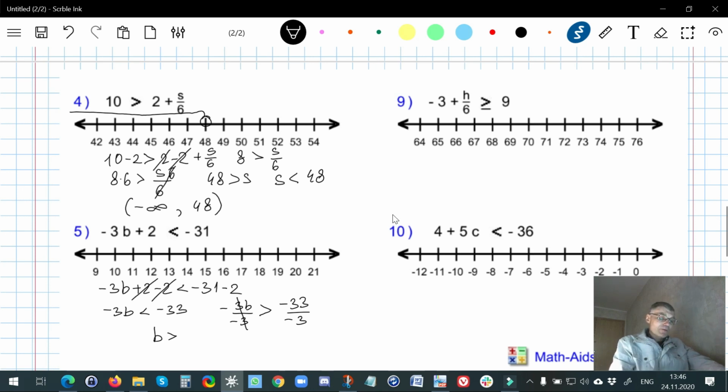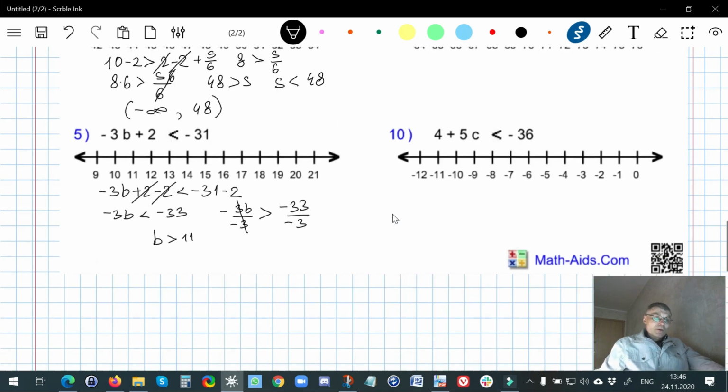B is greater than 11. That is it, that's my answer. And to write here an interval notation, I have to just start with 11, not including it, and stretch to positive infinity. So here it is.